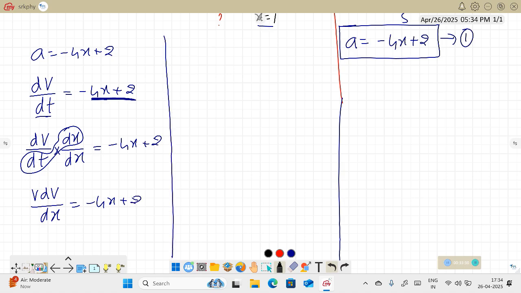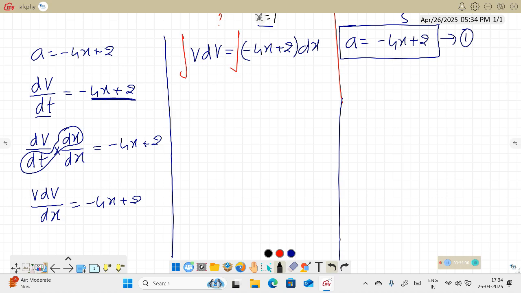Now cross multiply: v into dv is equal to minus 4x plus 2 into dx. Now integrate both sides, and we'll get the required answer.